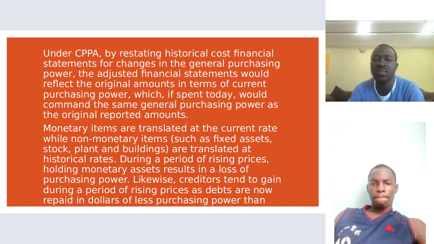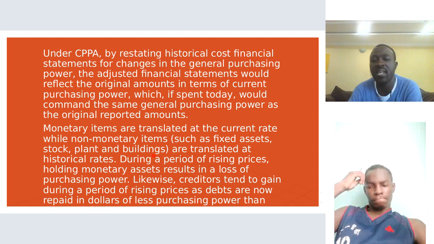Also, the monetary items are translated at the current rate. So the current rate in the period in which you are dealing with the accounts. But for the non-monetary items, maybe the fixed assets, the stock, plant, and the buildings, they are translated at historical rates.